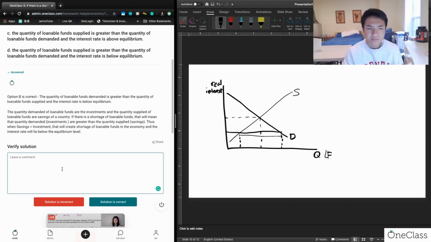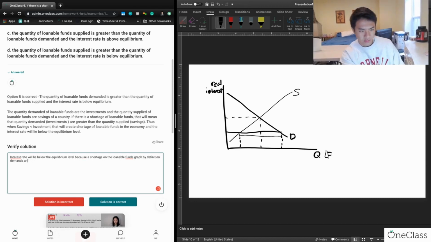The interest rate will lie below the equilibrium level because a shortage on the loanable funds graph by definition demands a real interest rate less than the equilibrium.